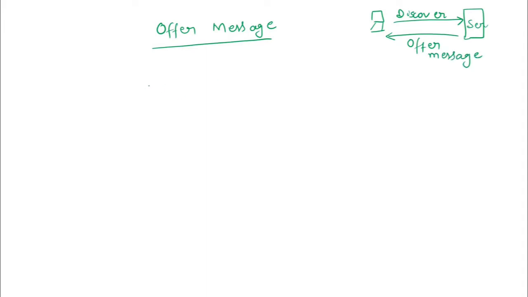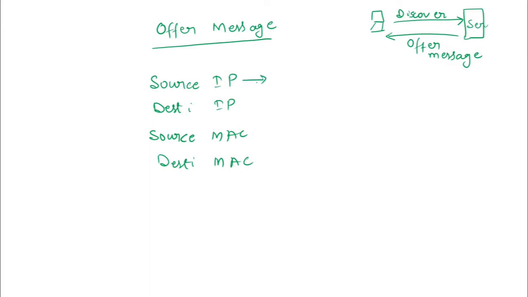So in the offer message we have to look at the same things: what is the source IP, what is the destination IP, what is the source MAC, and what is the destination MAC. In the source IP address, the server will use its own IP address.